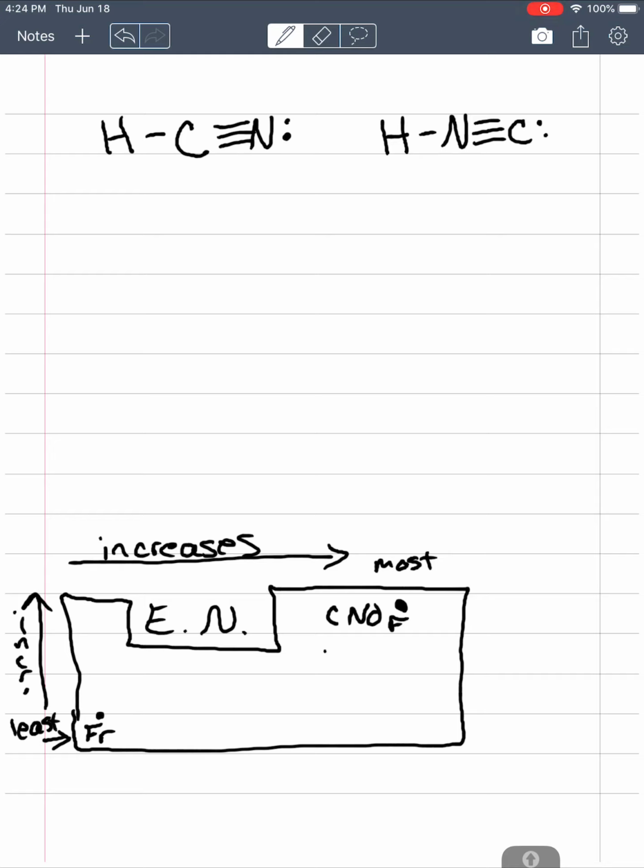So that means that this is the less electronegative atom between carbon and nitrogen. Hydrogen can't be the central atom because it can only take 2 electrons, so it's always on the outside. It's what's called a terminal atom, which means it's on the outside. So if carbon is supposed to be the central atom, then already we know that this is the correct structure and this is not. But we're just going to use this for an example.